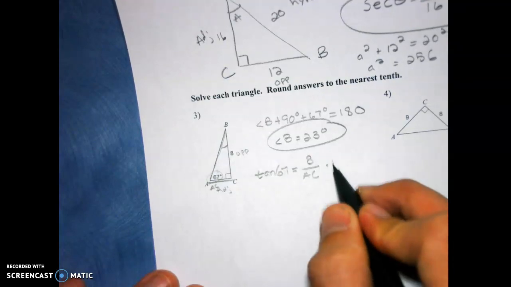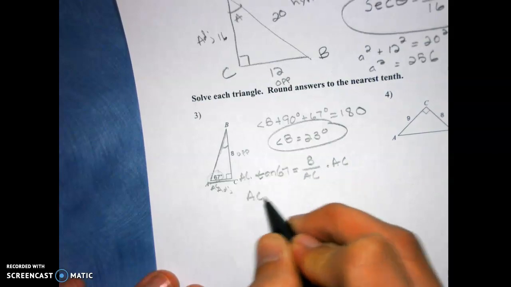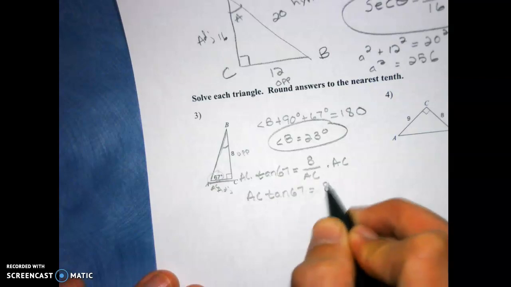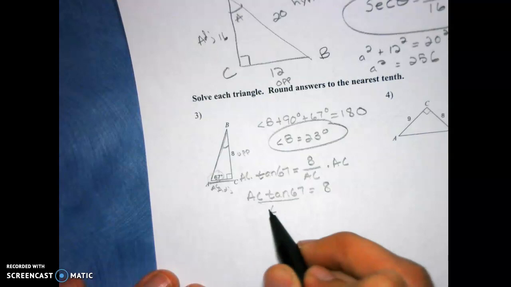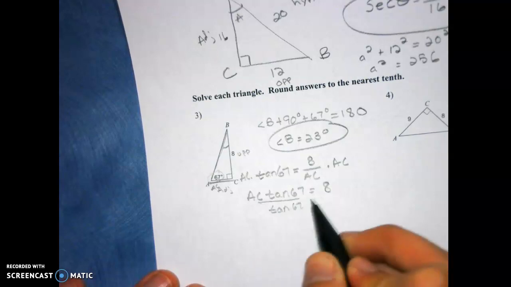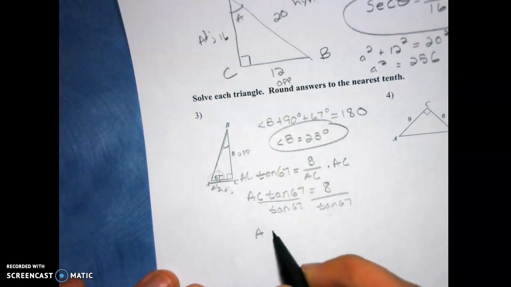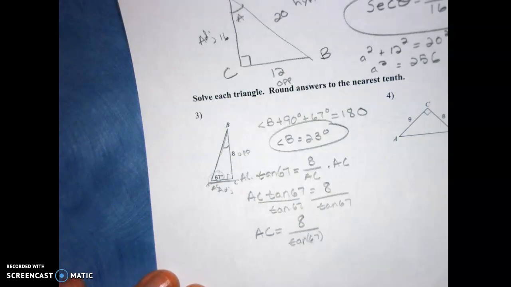So I'm going to multiply by AC on both sides. So I get AC times the tangent of 67 is equal to 8. Still don't have AC by itself, so I'm going to divide by tangent of 67. So now I have AC is equal to 8 over the tangent of 67. Okay, plug that into our calculators.